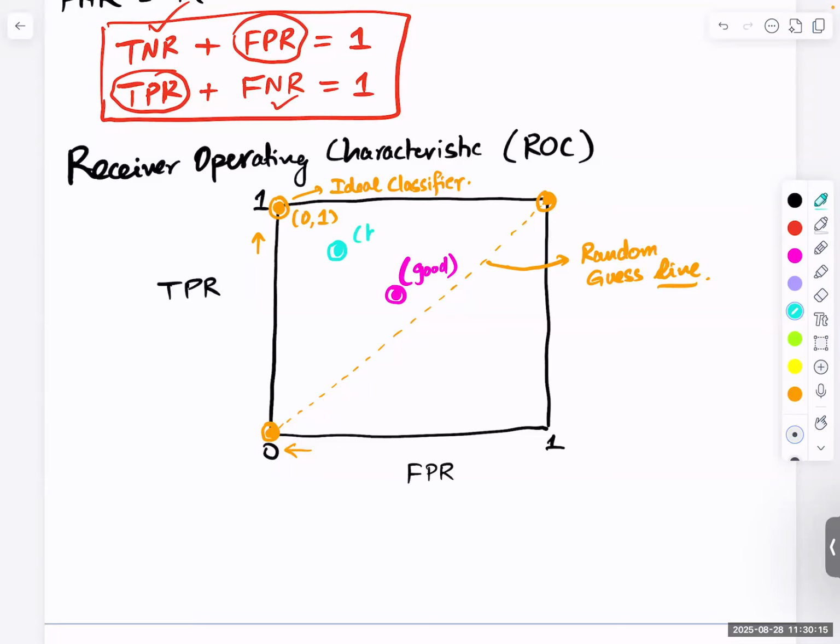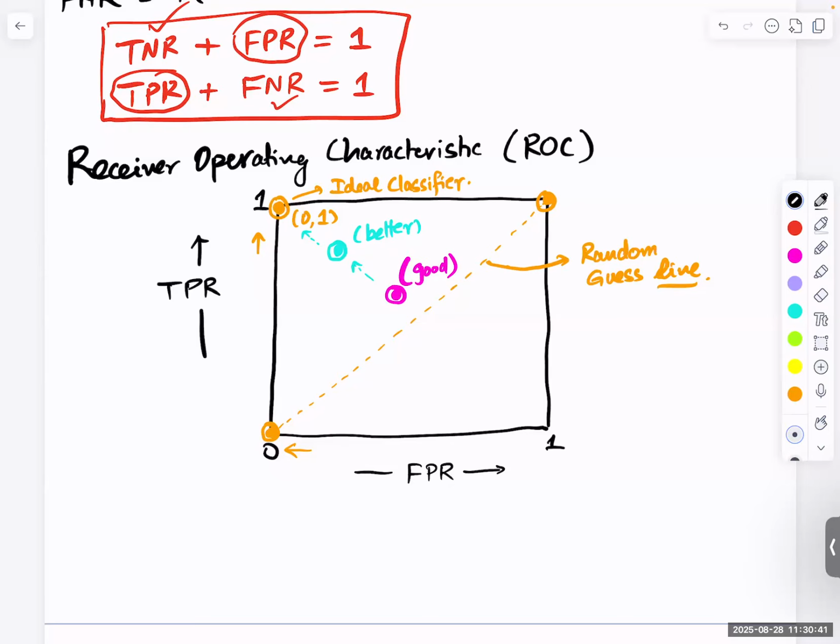This is a better classifier, and ideally we would love to go in this direction and hit the ideal classifier as much as possible. What I want to emphasize is that all these values, TPR and FPR, are essentially conditional probabilities, and they give us a sense of how well your binary classifier is performing.